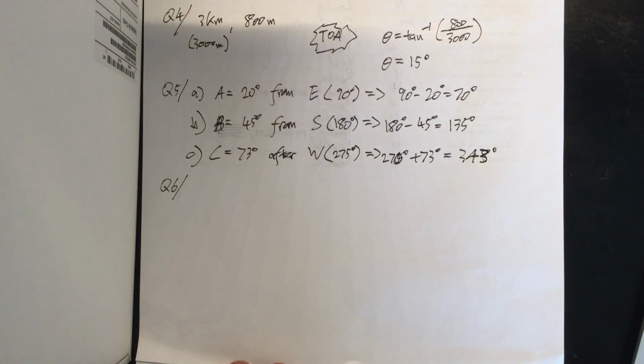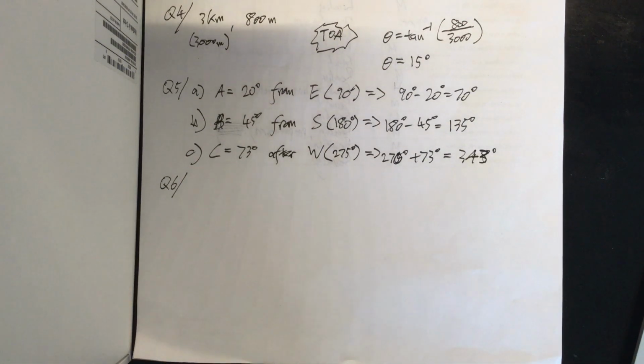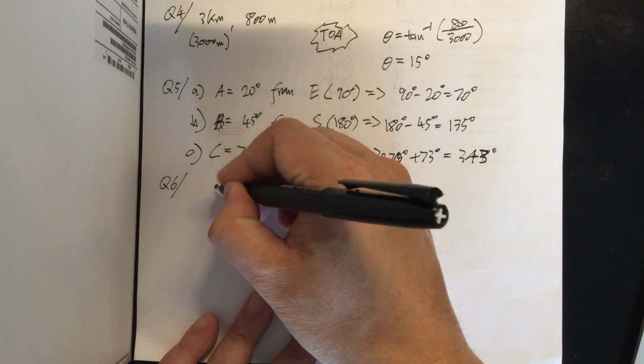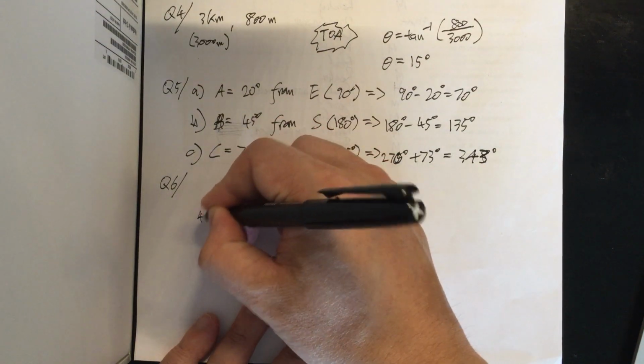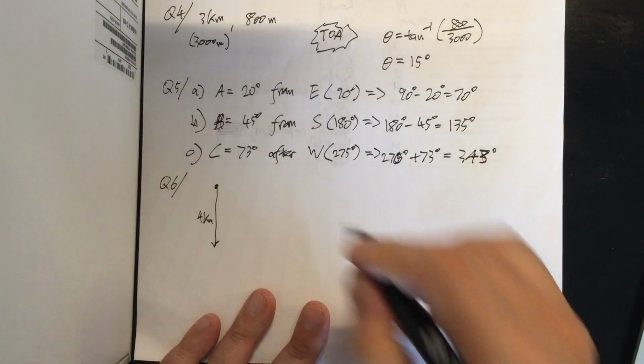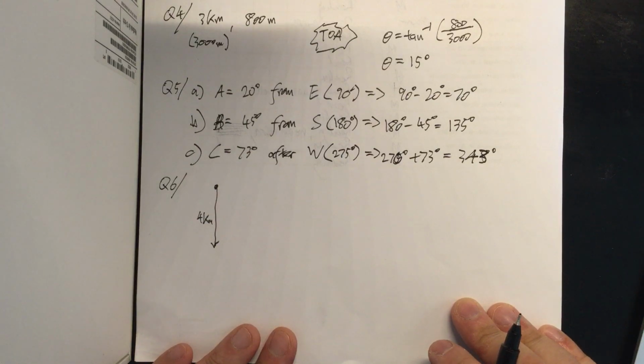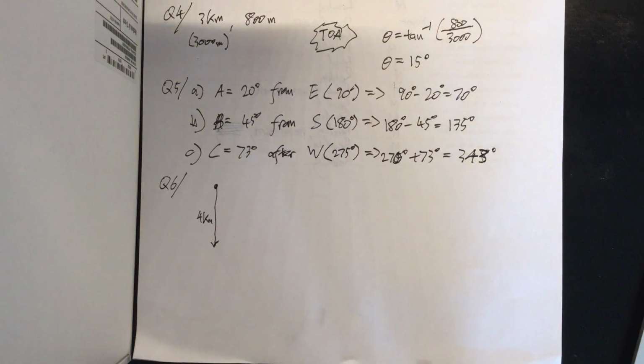Now, question 6. A lot of people didn't do this well because they did not bother to draw the diagram. First of all, a ship traveled due south for 4 kilometers. Then on a true bearing of 150 degrees for 9 kilometers.